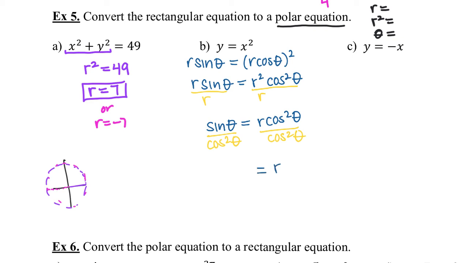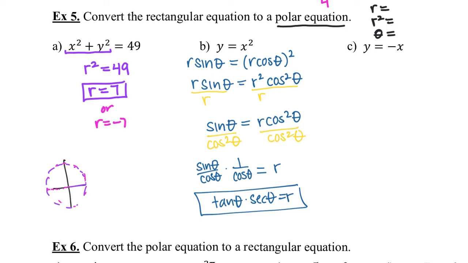R equals, I'm going to split this up: sine over cosine times 1 over cosine, because when possible, I try to get rid of the fractions just like we did on trig identities. So this is my best equation. It's r equals tangent theta times secant theta. And that's representing this lovely parabola, but in polar equation land.